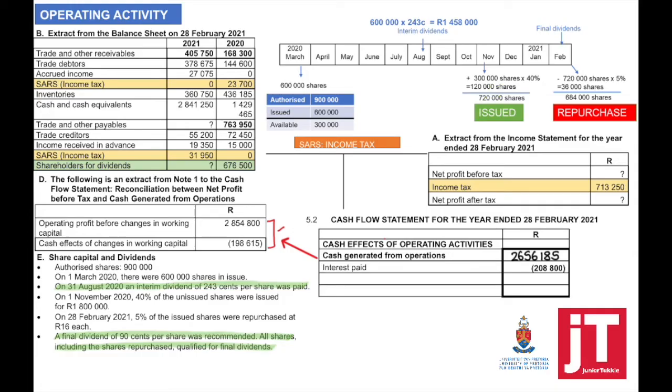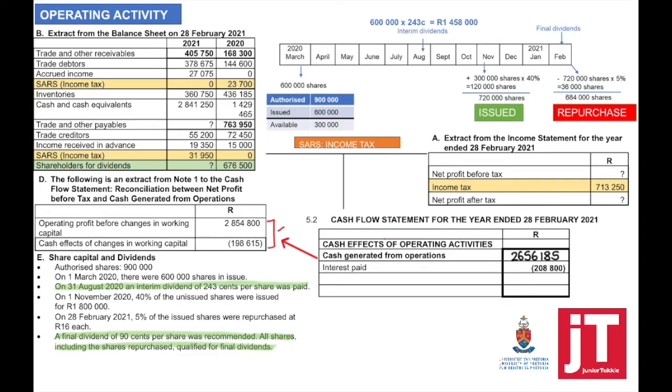They said to you specifically 40% of the unissued. If the authorized is 900,000 and we have 600,000 in issue, it means that we've got 300,000 available. That means we're going to take 300,000 times 40%. 120,000 additional shares were issued.